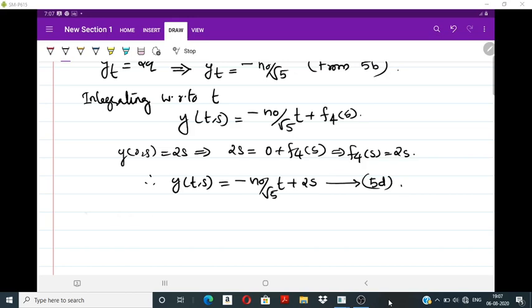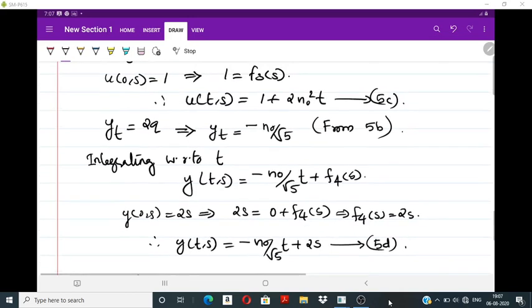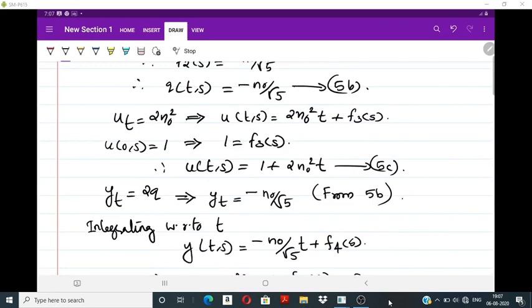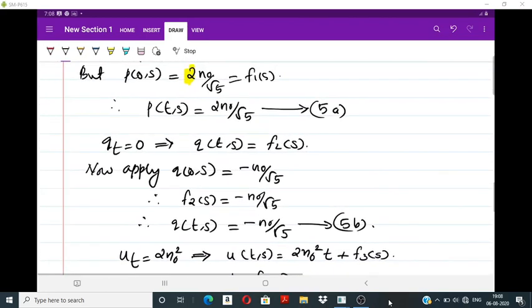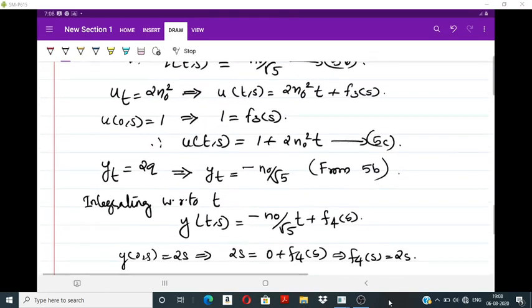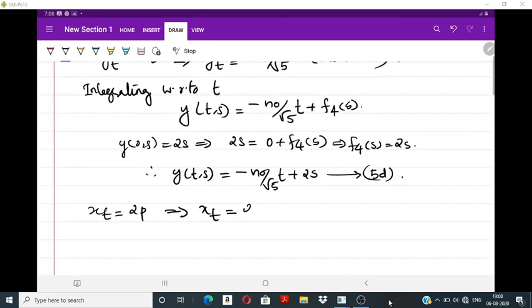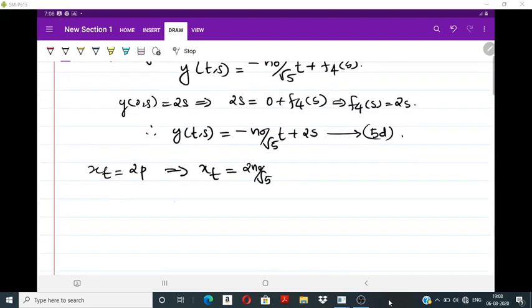Now the last one, x_t equal to 2p. From equation 5a, p of t comma s is 2 n naught by root 5. Now integrating with respect to t, we obtain x of t, s as 2 n naught by root 5 t plus some function of s.